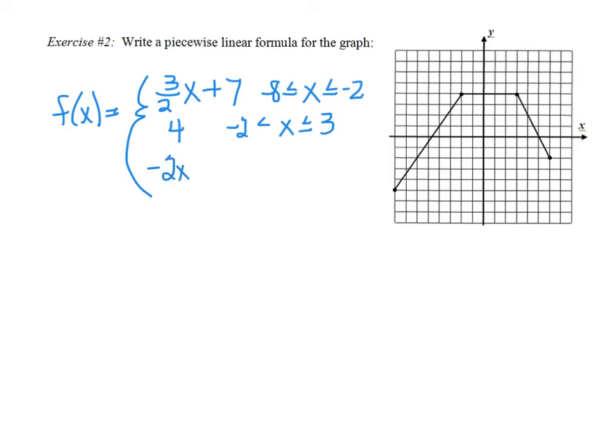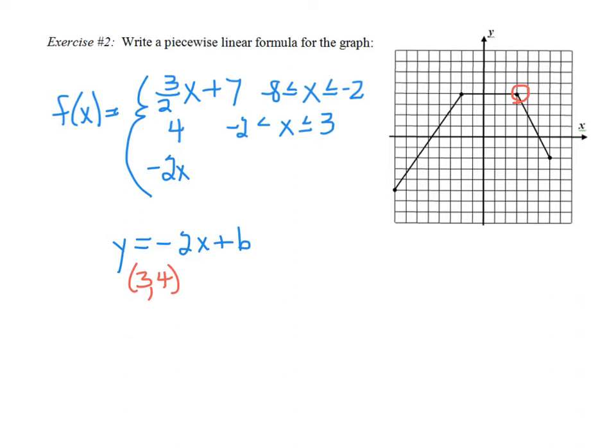Now, since I don't know what the b value is, I'm going to come off to the side here and say, let's use y equals negative 2x plus b. And I can pick a point on my graph on that part of the linear section. Let's see, that's the point (3, 4), and that point has to be on this section of my piecewise function.